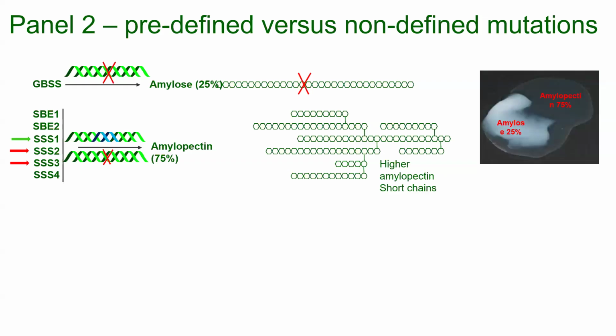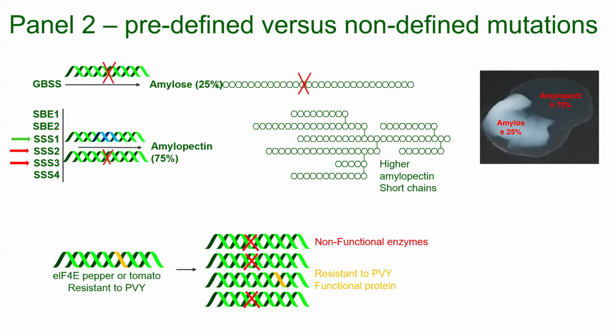And for that, we need the genes involved, SSS1, SSS2, and SSS3. We want to have a knockout in the SSS2 and the SSS3 genes. And for the SSS1 gene, we want to insert a stronger promoter.